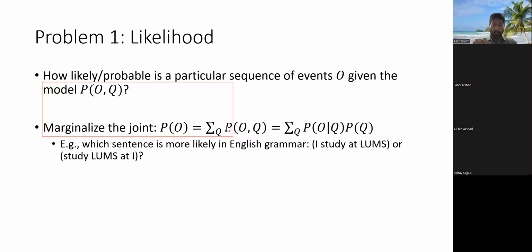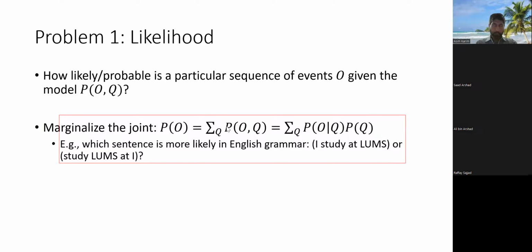So summing out needs to be done to find the probability of O. For example, if I have two sentences, two capital O's, one is "I study at LUMS" and the other is "study I at LUMS", the likelihood problem would give us a probability for both of these sentences.